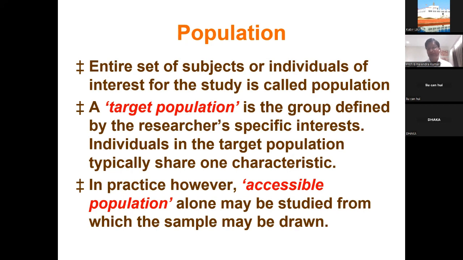It depends on how the person can approach the public, how much time he can devote for that, and what is the duration for the accessing. So he has to select how many portions of the entire village, or how many families, can be selected for making a sampling method or the survey method.